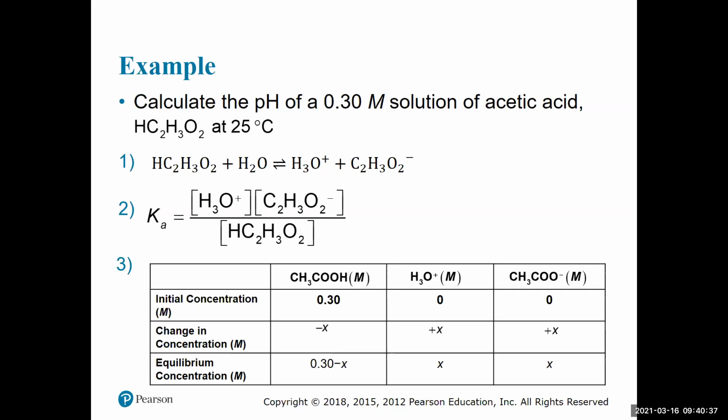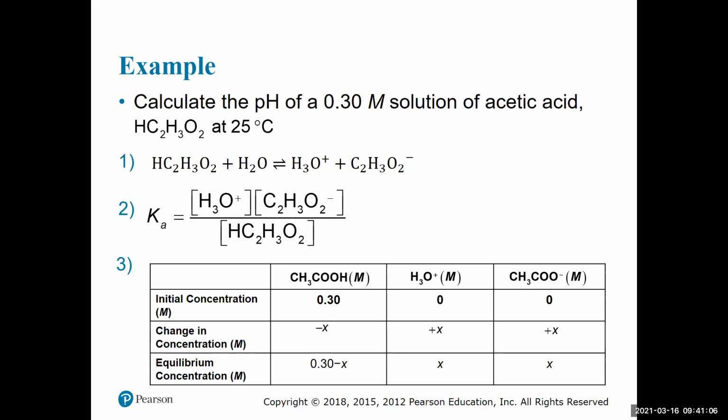We're going to build our table like we've been doing. So we have acetic acid concentration, H plus, and acetate, all expressed in molarity, moles per liter. And then we write in what the initial concentrations are. 0.3 molar, we were told, was our initial solution. Initially, we don't have any dissociation, but then we wait a few moments and we have our dissociation.